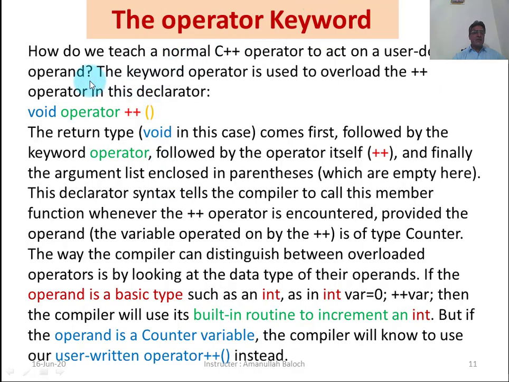The keyword operator is used to overload the plus plus operator in this declarator. We used this statement in our previous class, the counter class: void operator plus plus. The return type is void. This is the return type of the function; the plus plus function will not return any value.